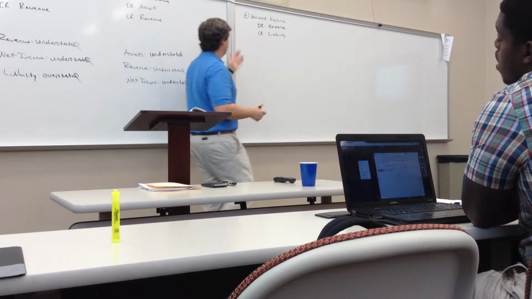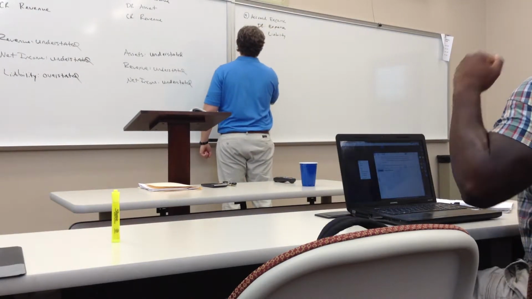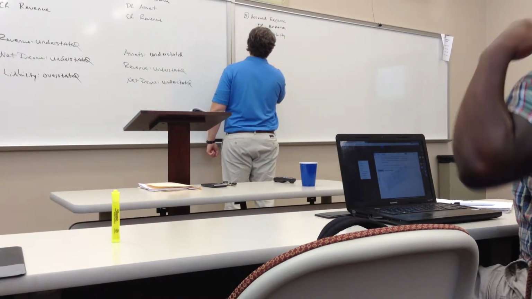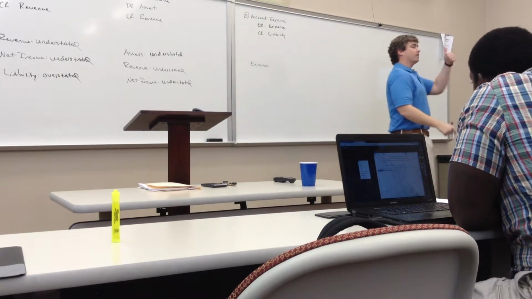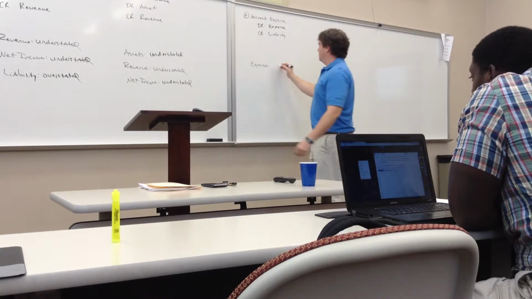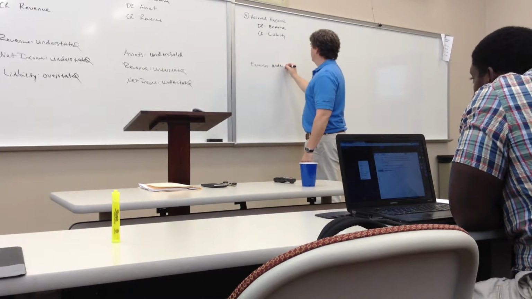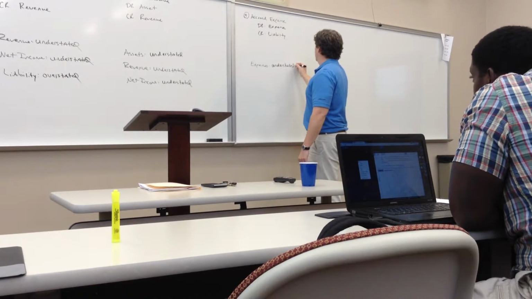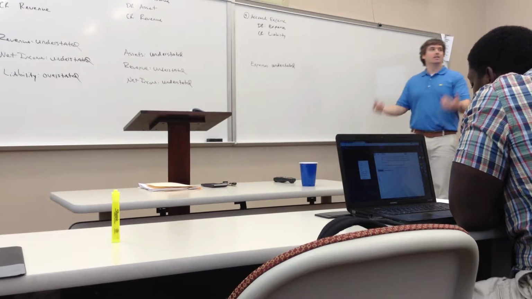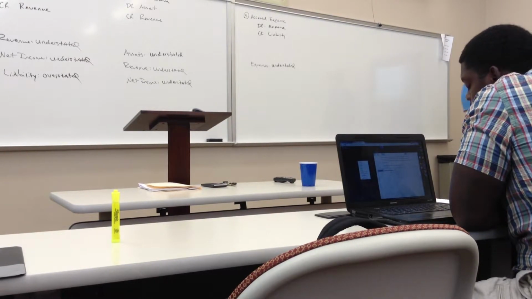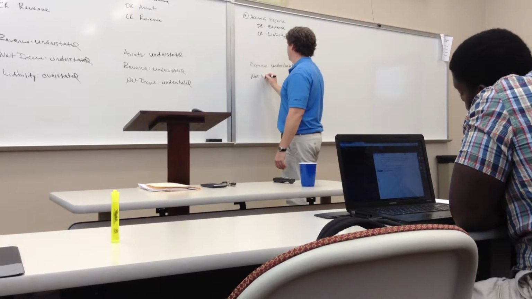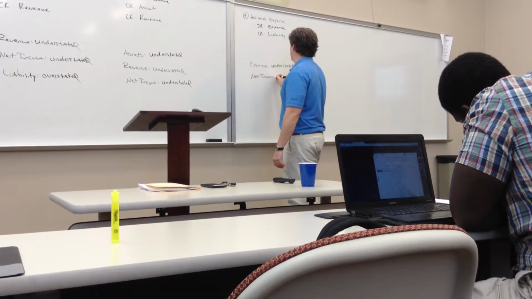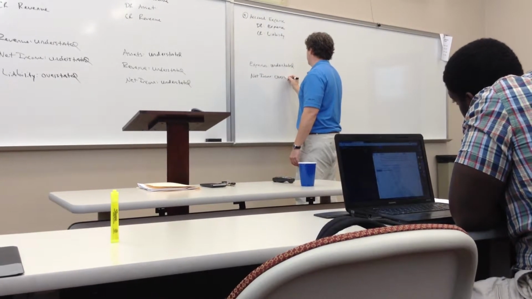Now, if I don't do this, let's start with the expenses. Debiting expense increases the expense. So if I don't debit the expense, my expenses will be understated. I'm not going to recognize enough. Alright? If expenses are understated, net income is what? Overstated. Good.